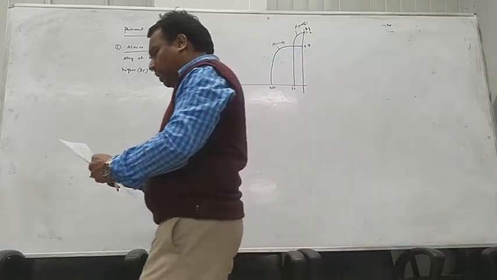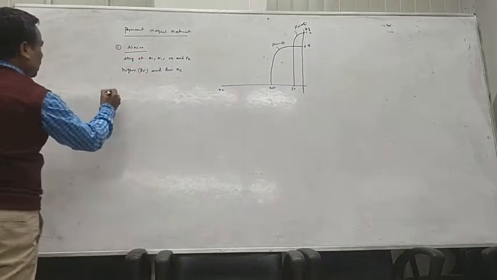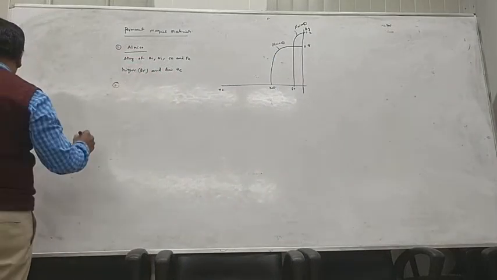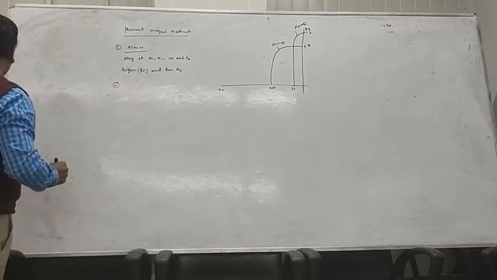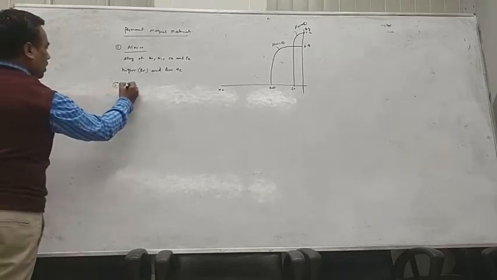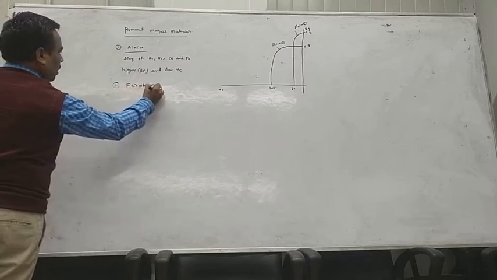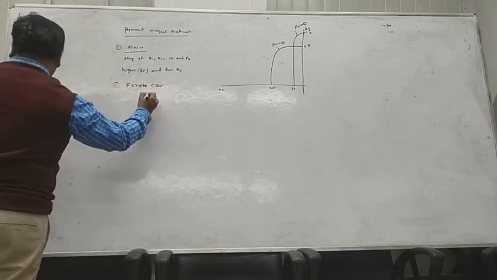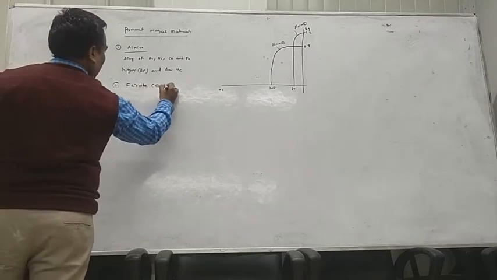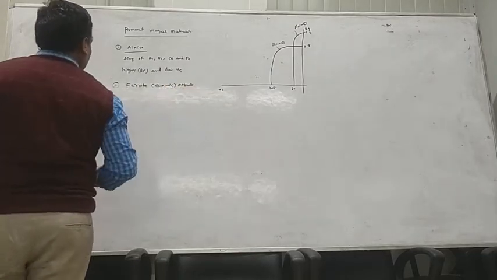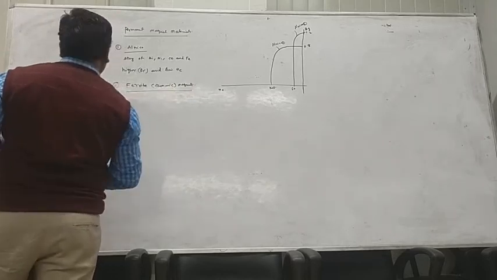And the second permanent magnetic material is ferrites. That is ferrite magnets, that is ceramic magnets. So the second one is ferrite or ceramics. In ferrites the values are different.